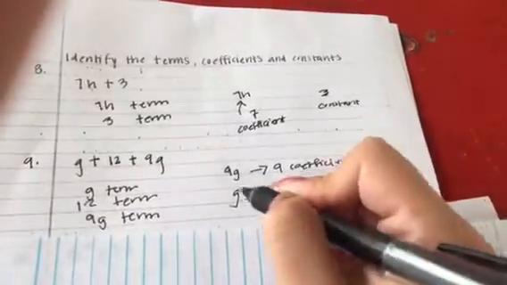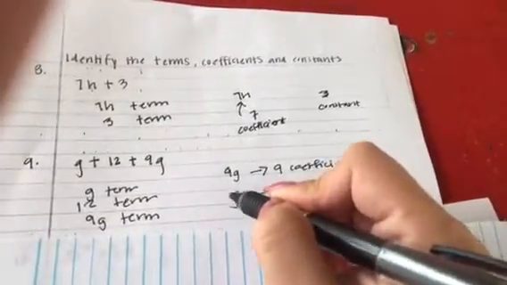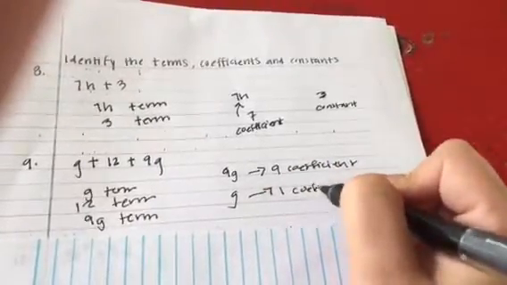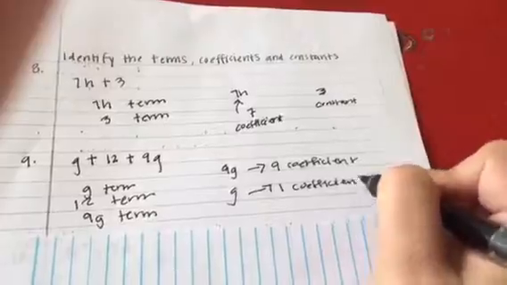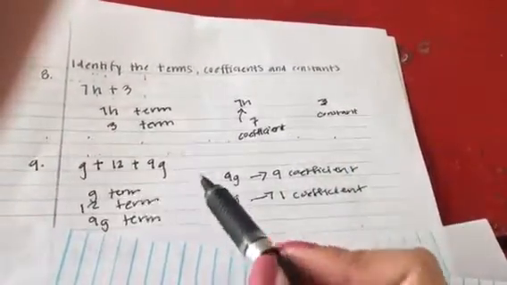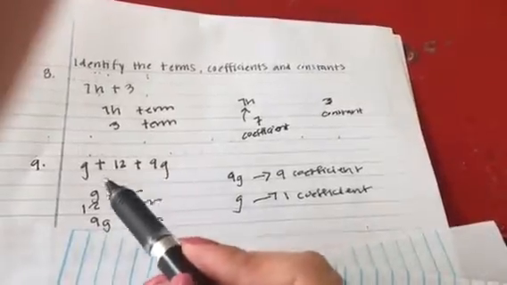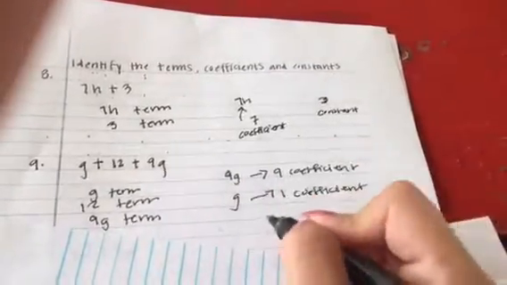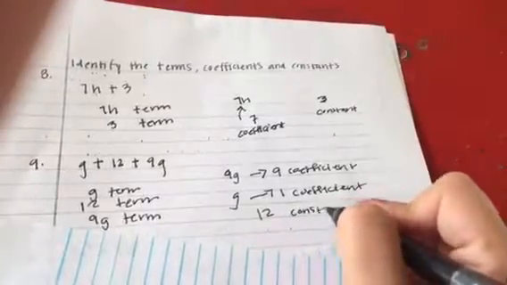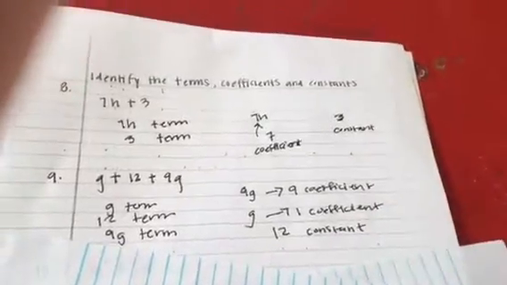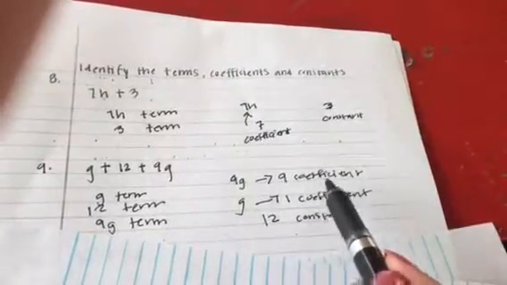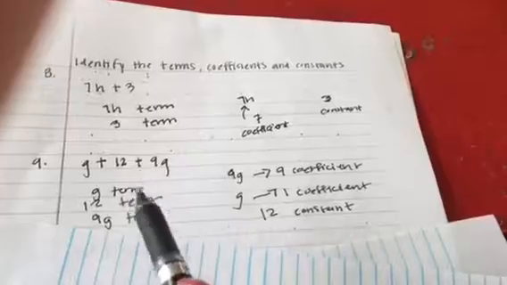And for G, we don't see anything there, but it represents a 1. So we'll say 1 is the coefficient of G. And then do we have any numbers without variables? Yes, we have 12. So 12 would be our constant. So we have identified the terms, the coefficients, and the constants in this expression.